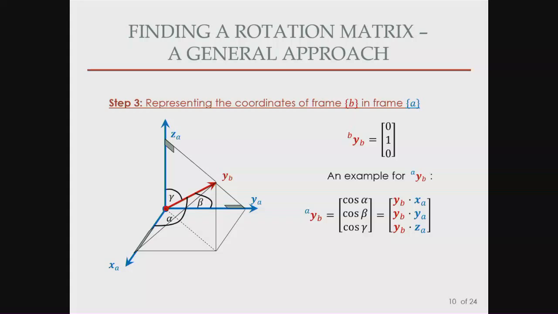Just like we had here, say, cosine theta, sine theta, and 0, it was pretty simple. Here in 3D, we should have 3 angles. Okay, cosine of alpha would be the projection of YB on XA, if alpha is the angle between these two axes.